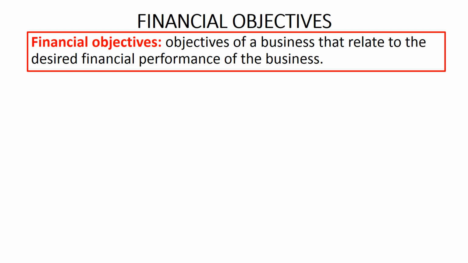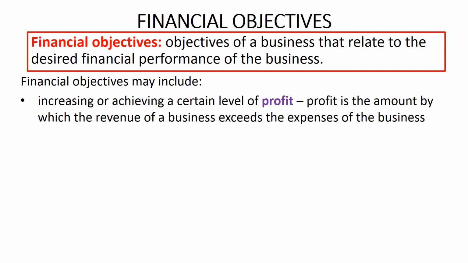There are 4 specific financial objectives that you need to be familiar with. The first is the financial objective of increasing or achieving a certain level of profit. Profit is the amount by which the revenue of a business exceeds the expenses of the business. Make sure you include that definition in your summary table.